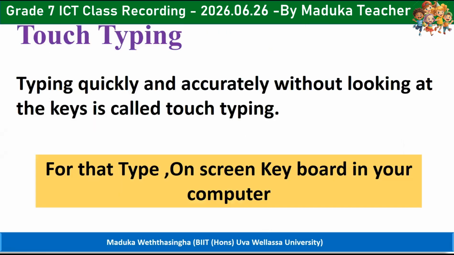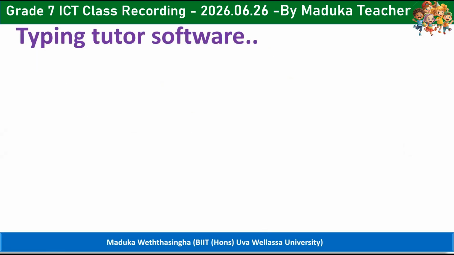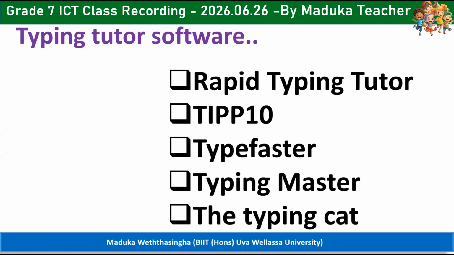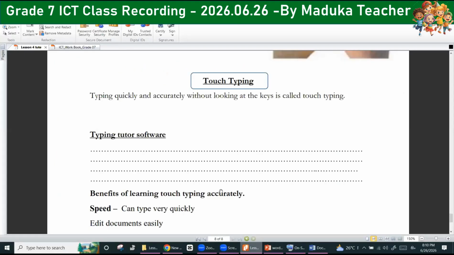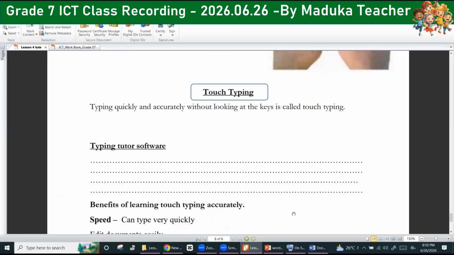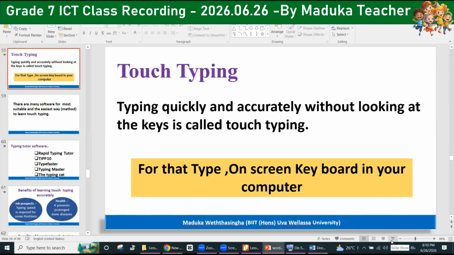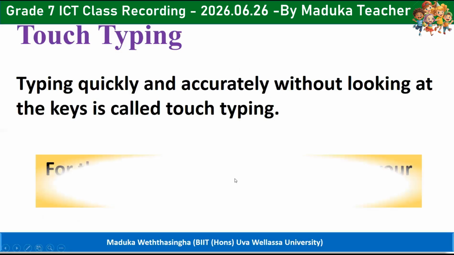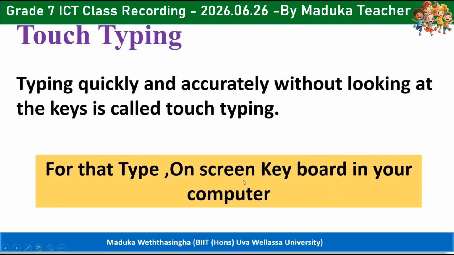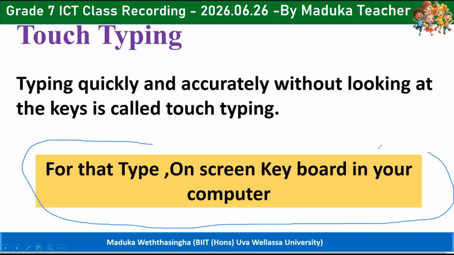In your notebook, you have a space to write down examples of typing tutor software. Shall we write them quickly? You have to write this one also. The easiest method is using the on-screen keyboard on your computer. There's a space to write this down. Please write it down and highlight it.